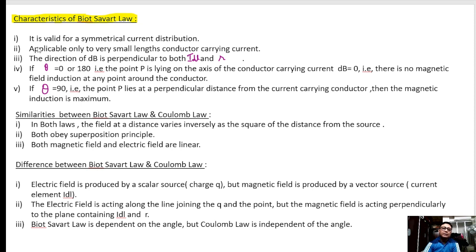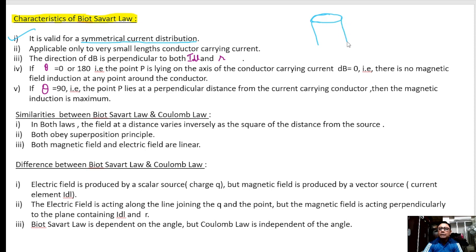First, it is valid for symmetrical current distribution. Very important. That means the current distribution should be regular; you cannot take an irregular shape.